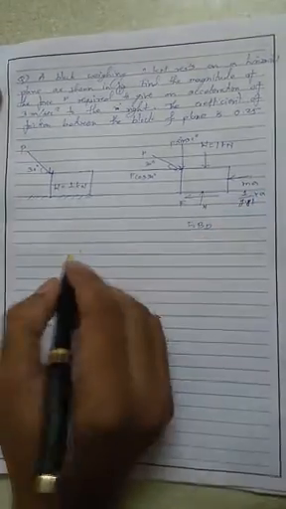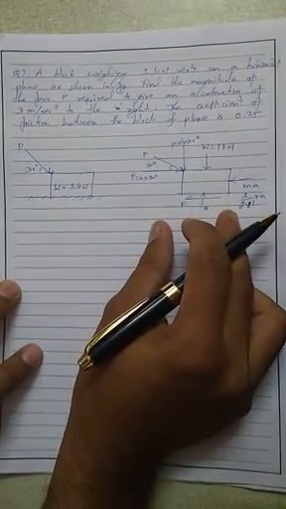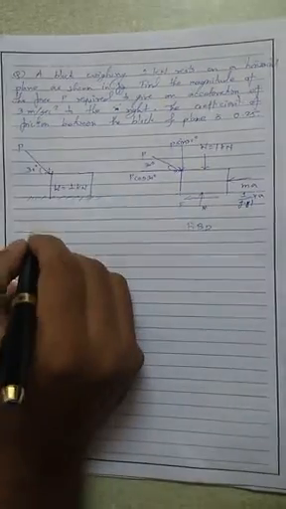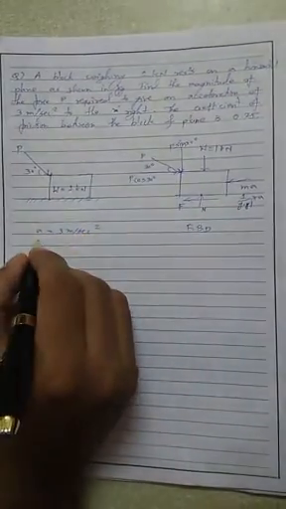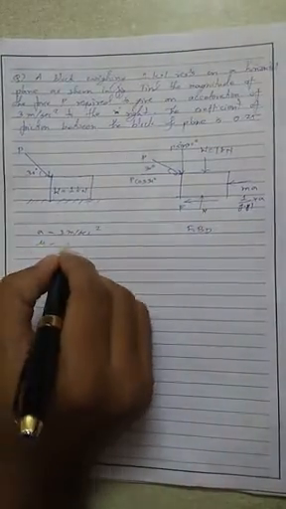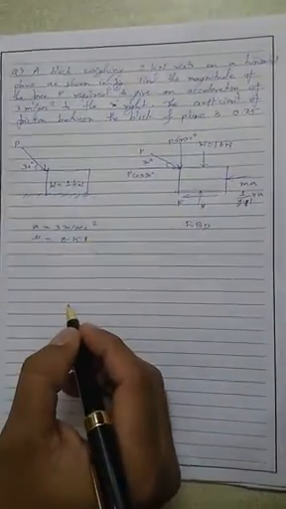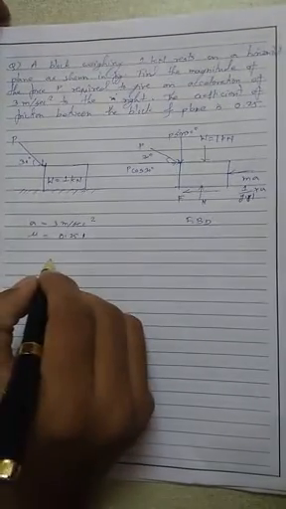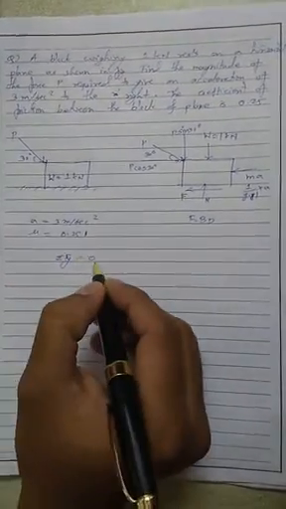Now we will apply the equilibrium condition, as the body is now under equilibrium. The given data is acceleration 3 meter per second square and the coefficient of friction mu 0.25. The first equilibrium condition: summation of Fy equal to 0.